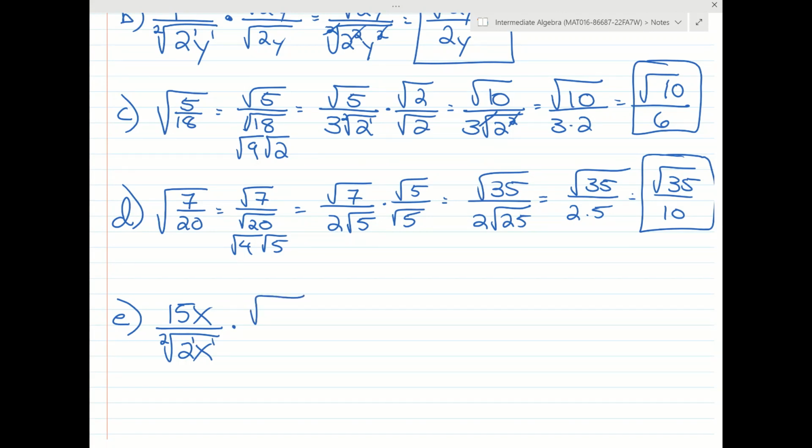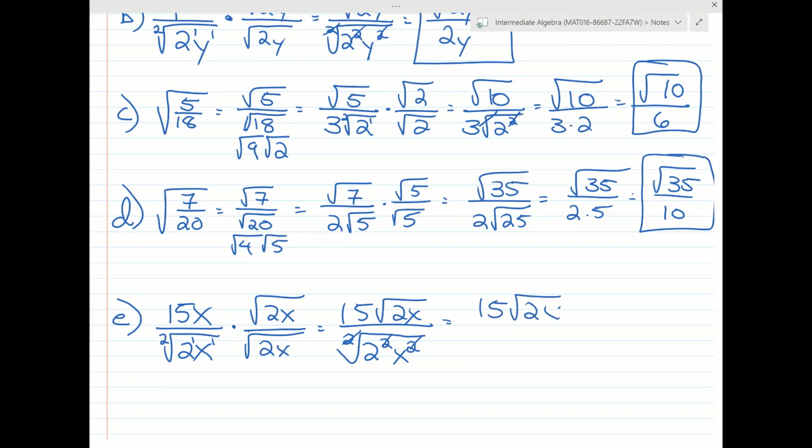We want to multiply by the square root of 2x. So that on the bottom, we get the square root of 2 squared x squared, which cancels out with our powers, giving us just 15 square root of 2x over 2x. So the whole idea is you want to multiply to match the index with the powers of the denominator's radical.